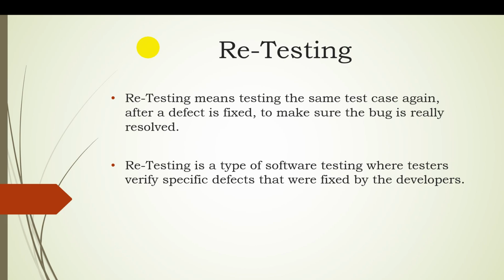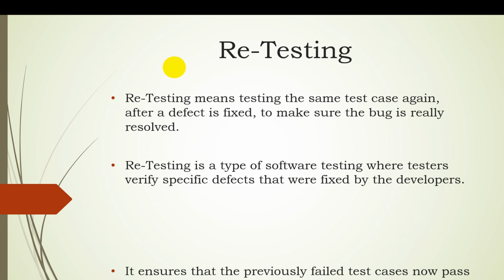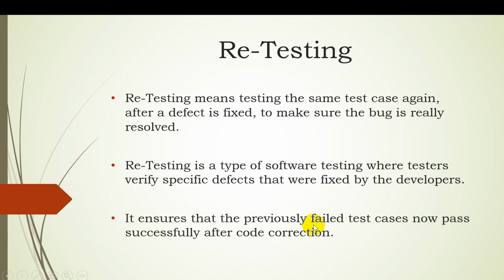As the name suggests, retesting means testing the bug once it has been resolved by the developer. It also ensures that the previously failed test cases now pass successfully after the code correction. Suppose you take the example of a login page and you have written five test cases. Out of five, three passed in the first run.